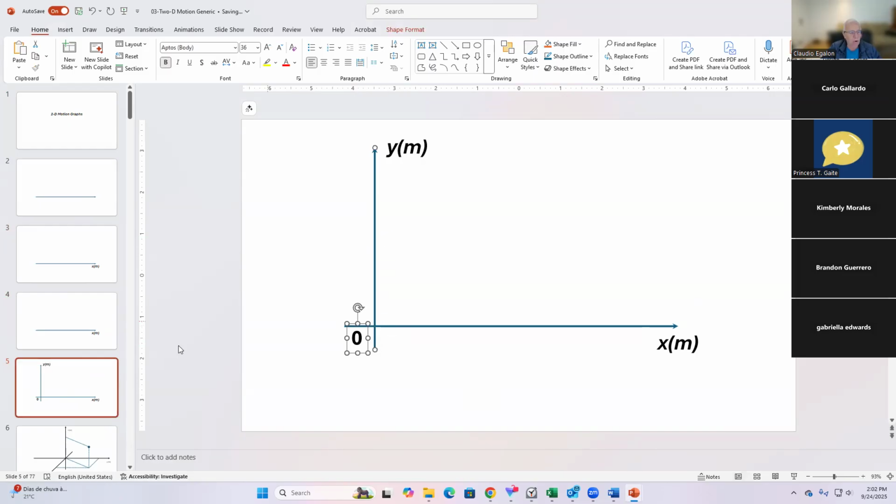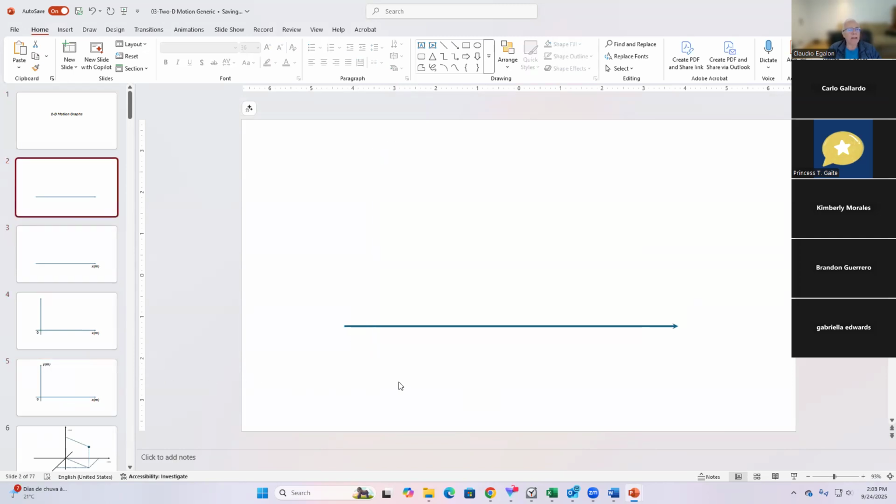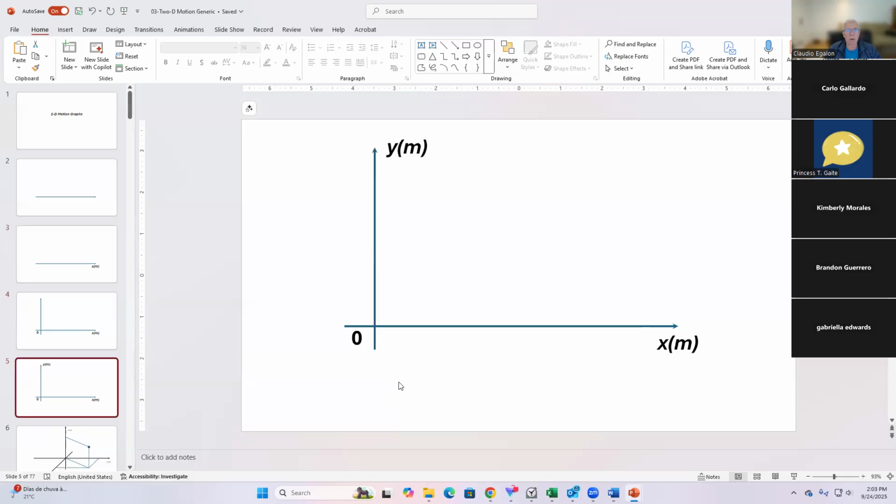The y-axis crosses the x-axis at the origin. And then you must label those axes. Notice that the unit that I put there is in meters, right? X in meters, Y in meters. That's because I am mapping the two-dimensional space. My object is going to move within this plane.